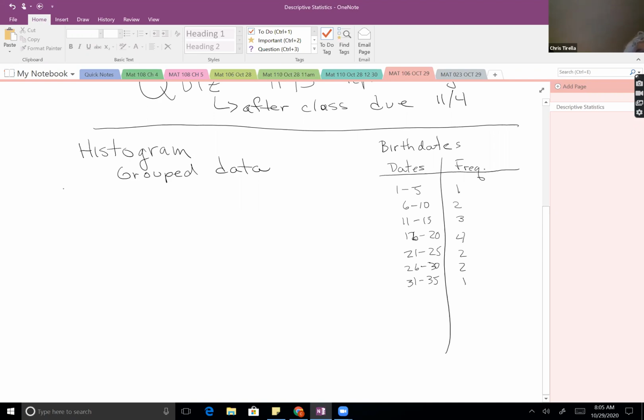When I look at that histogram for grouped data, my preference is to label the horizontal axis with the class. Usually I use the upper limits.